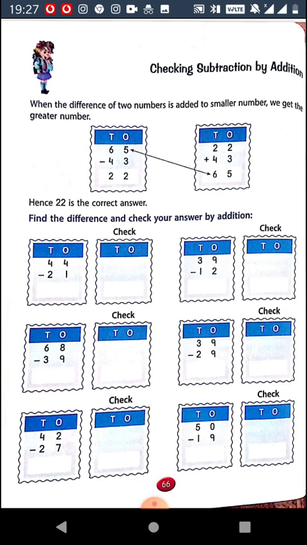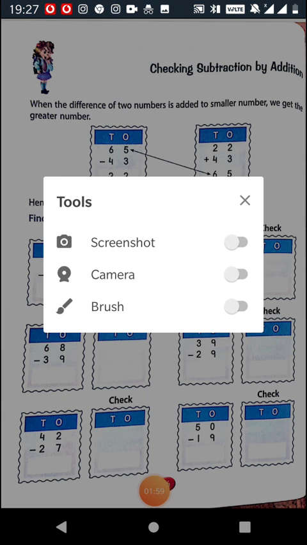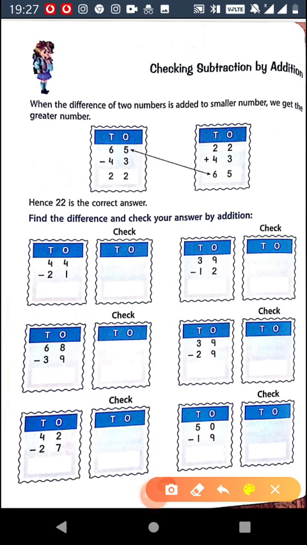Now see the example. In the example you can see we are subtracting 43 from 65. By subtracting 43 from 65, the answer we get is 22.